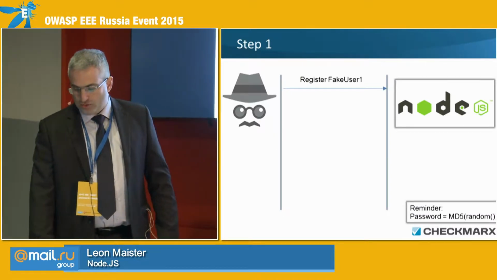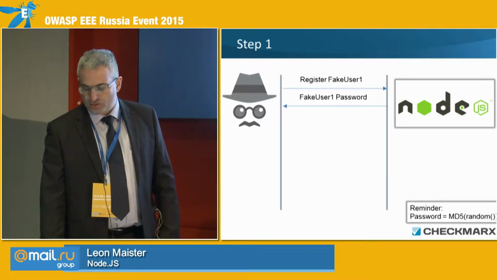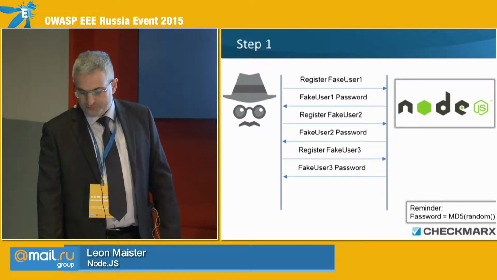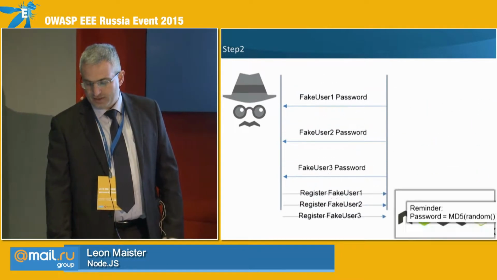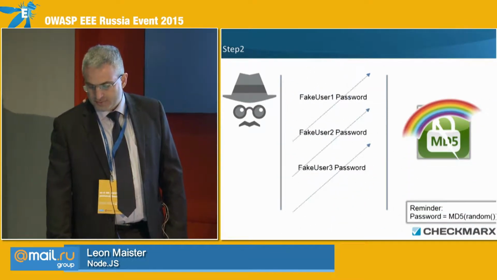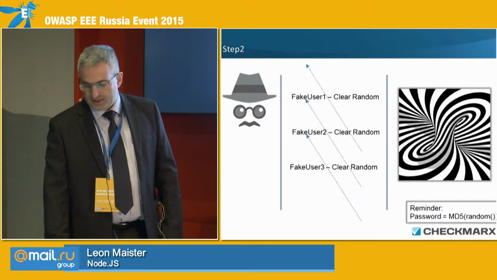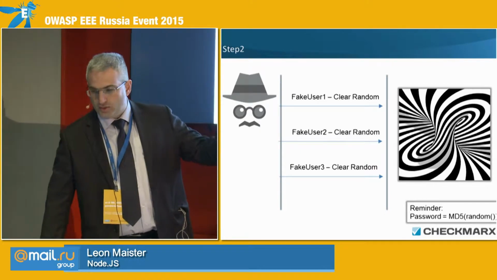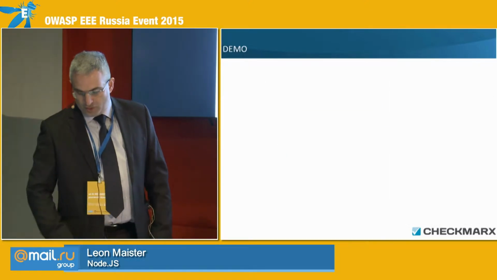In fact, I will work with any Node.js application: register fake user 1, fake user 2, fake user 3. After it, I will apply the MD5 mechanism and receive clear passwords. By the same technique used to calculate state number 4, I will use the algorithm and take the password of the user.